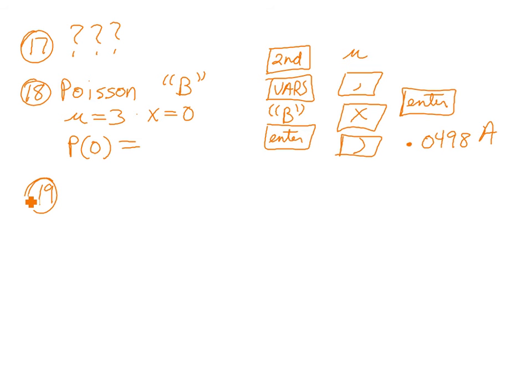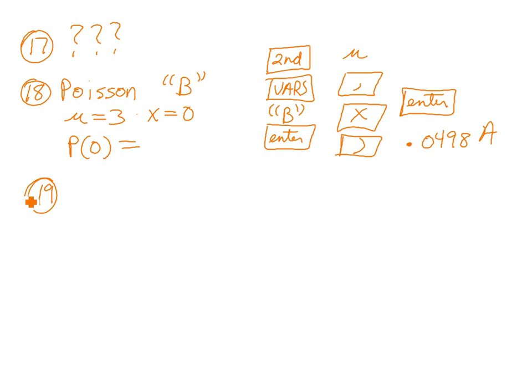With geometric, we're trying to figure out when our first success is. Binomial is we just have a certain number of trials that we're going through. So binomial, certain number of trials. Poisson is we have an average, a mu, and we're trying to figure out in a certain interval how many things are going to happen.